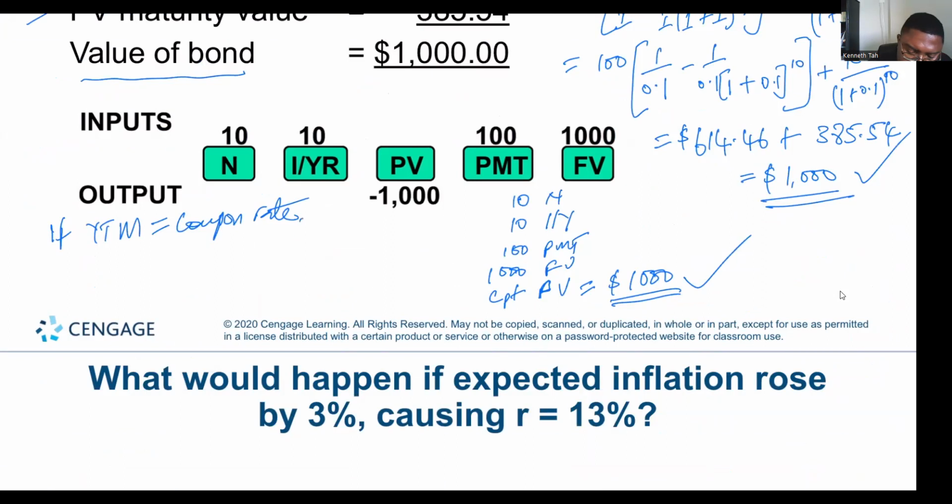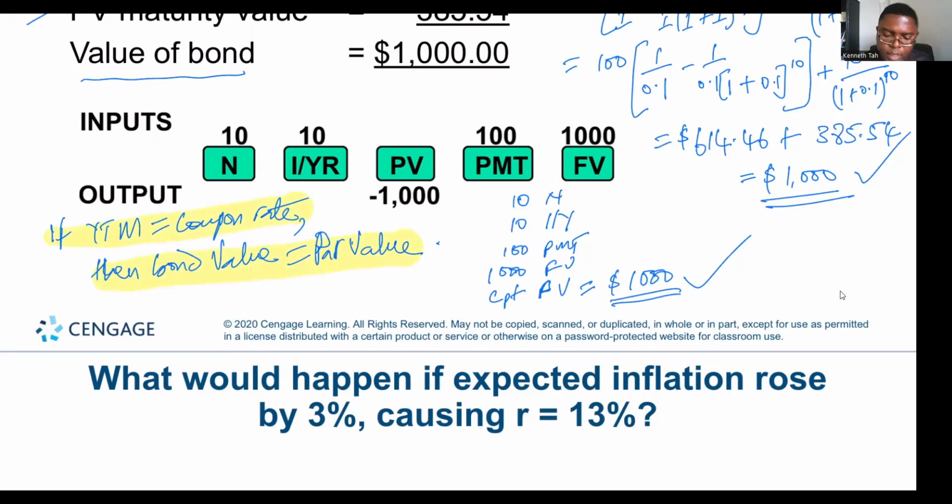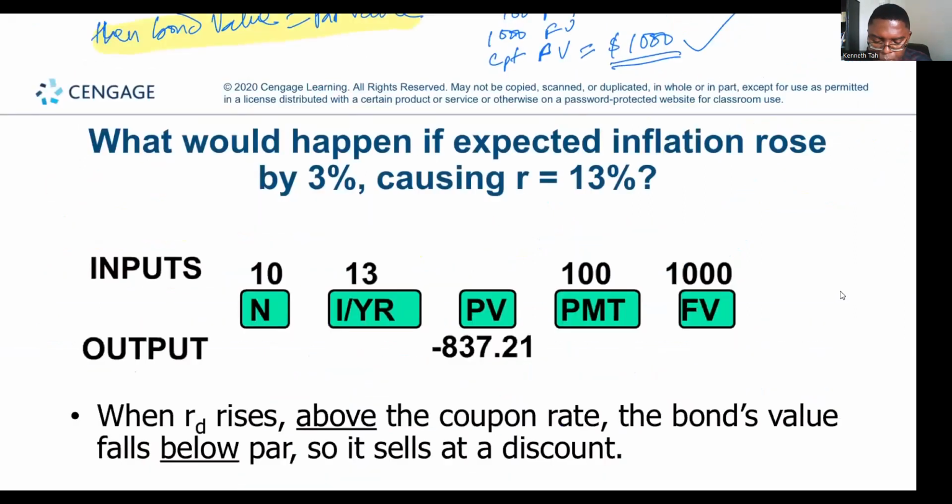If this happens, then what we are going to find is that the bond value is going to be equivalent to the par value. If the yield to maturity is equivalent to the coupon rate, then the bond value is going to be equivalent to the par value. All right? So that's a very important concept that we have established.